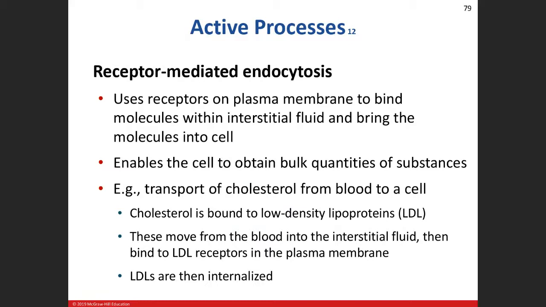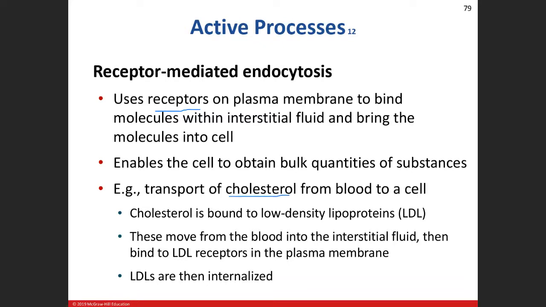In this case, we are going to involve receptors. So we'll have some receptors on the outside of our cell, and we'll talk more about this when we talk about the metabolism of cholesterol. It's really a fascinating process here.